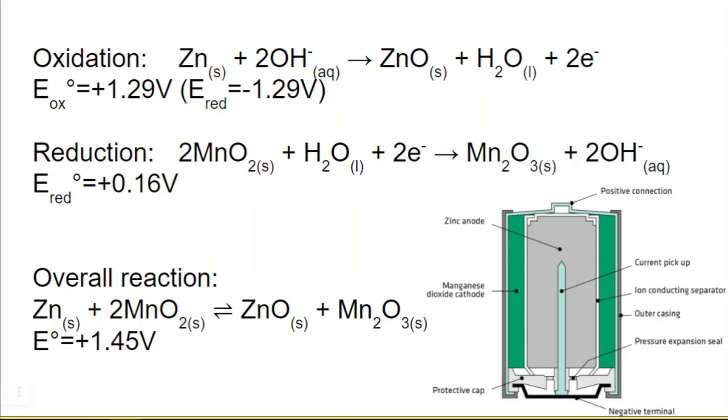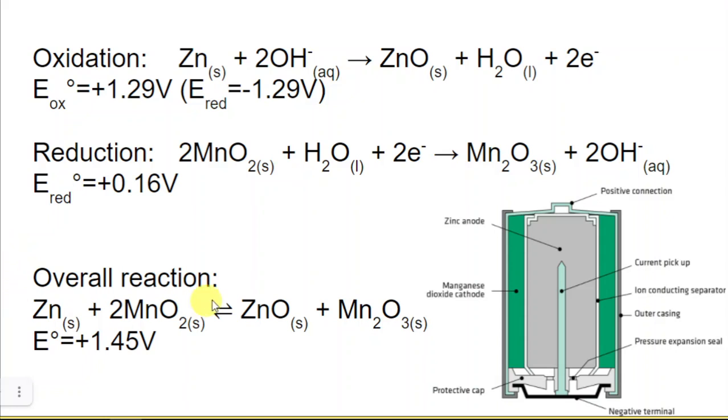In the reduction half reaction, 2 manganese 4 oxides react with water to form manganese 3 oxide and 2 hydroxides. And here, the reduction potential is 0.16 volts.